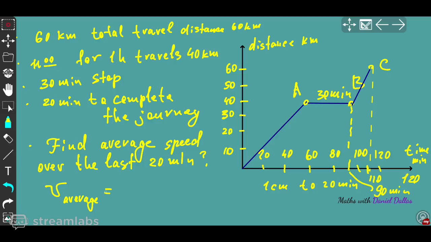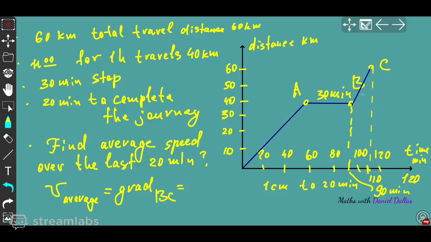So you have which distance you have and which time interval. No, not 60, because you need to find average velocity over only the last 20 minutes.